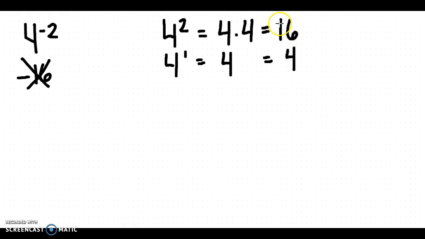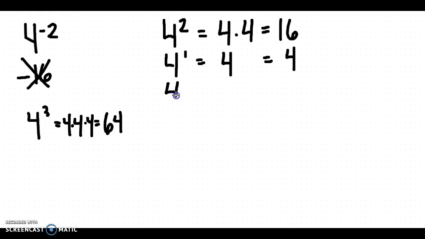So if we had done 4 cubed, let's write that over here. 4 cubed is 4 times 4 times 4, which is 64. Notice since I'm multiplying by 4 again, all it does is it takes this answer times 4. So when I go down a power from 3 to 2, I'm taking this answer and dividing it by 4. When I go down from 2 to 1, I take this answer and divide it by 4 to get 4.